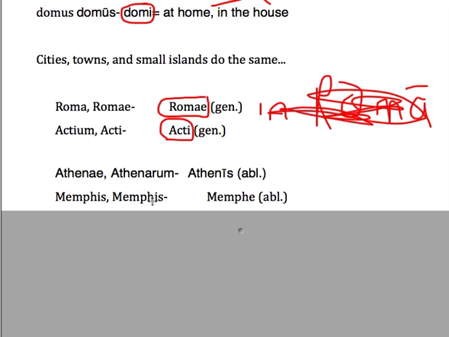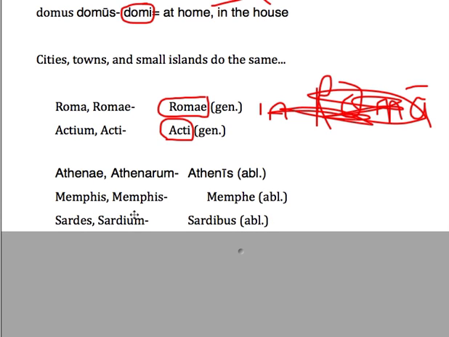Or if you had a third declension place name, like Memphis, or Sardes, Sardium, this is third declension plural. These are all cities, towns, or small islands, and they follow either a first declension plural or a third declension pattern.